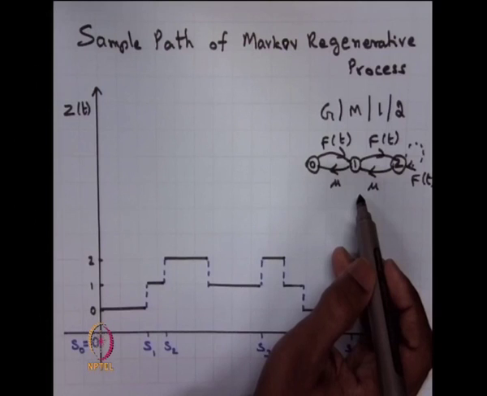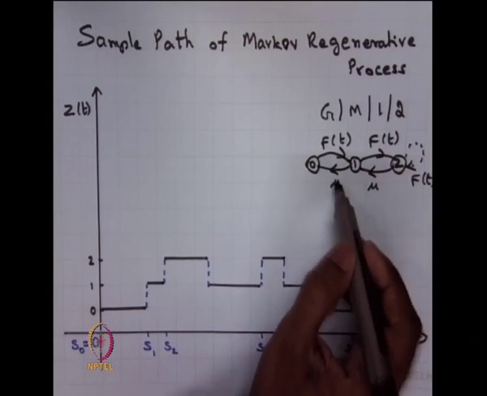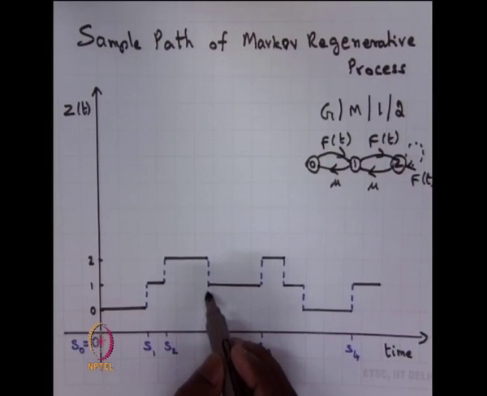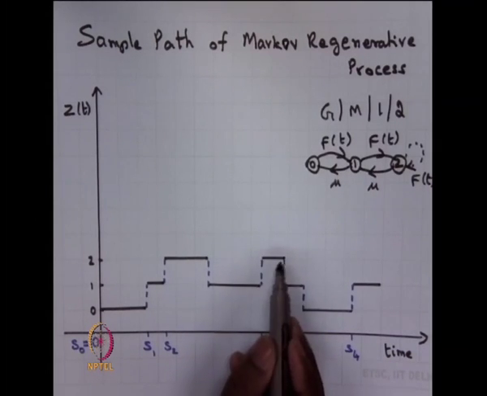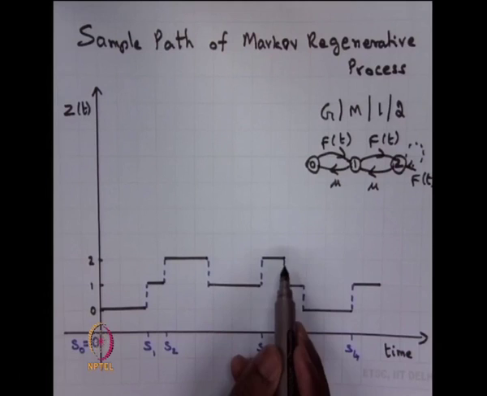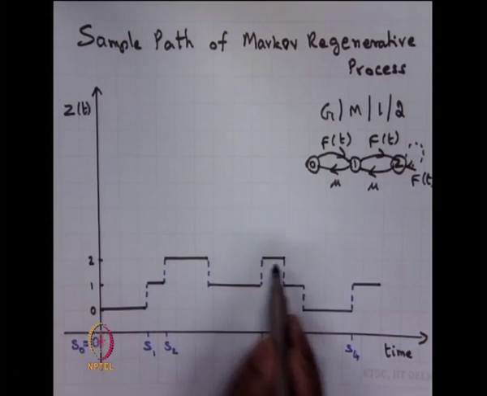Since the service is completed, the system size becomes 1 for some time. During this duration, the third customer entered the system at the time point S3. Now the system size is 2 again.